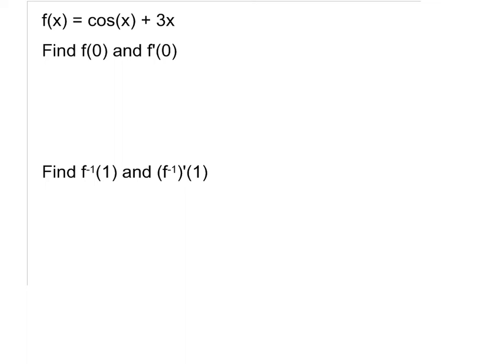So if I find f of 0 here, cosine of 0 is 1 plus 0, so this is going to be 1. This means that we have the point (0, 1) on our graph. Now for f prime of 0, we first need f prime, which would be negative sine of x plus 3. I plug 0 into that, that'd be negative of 0 plus 3, which is 3.